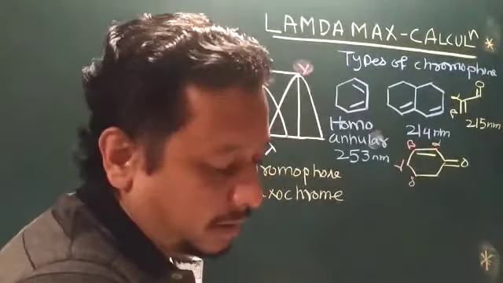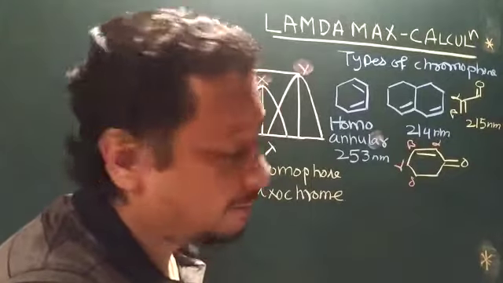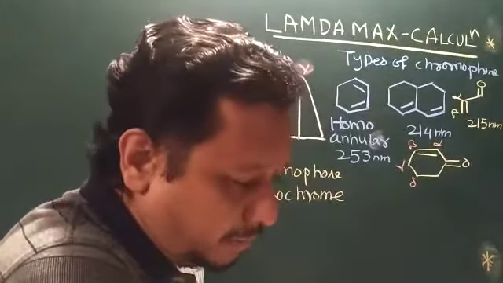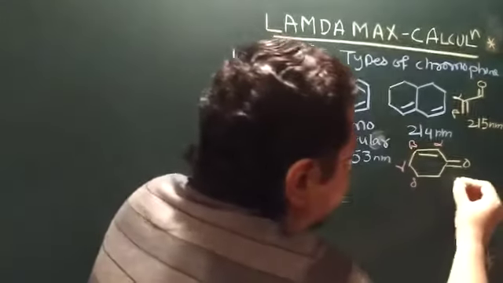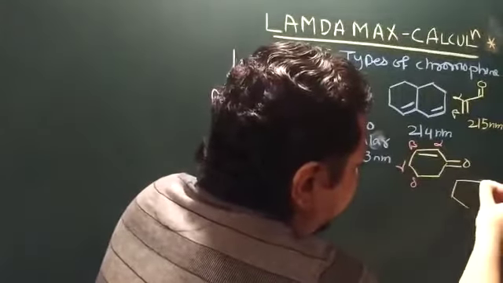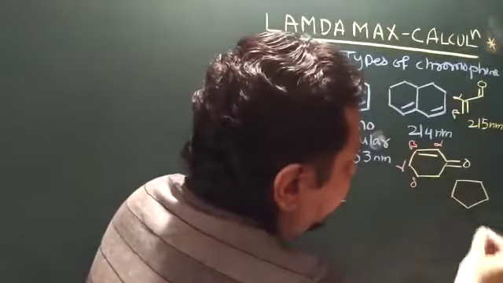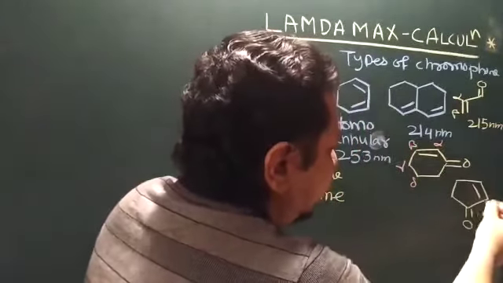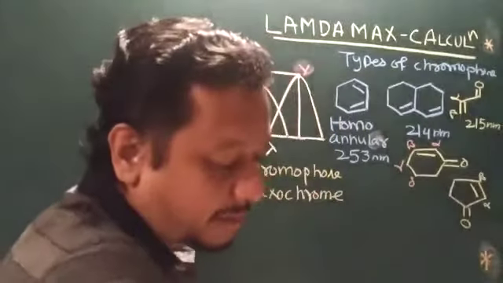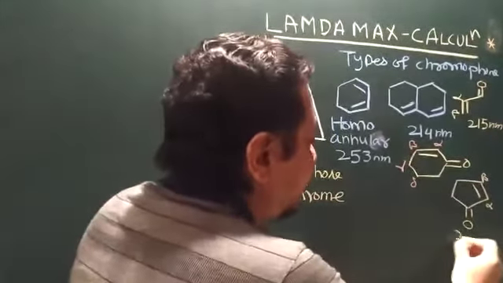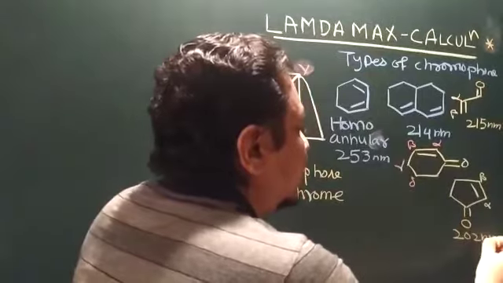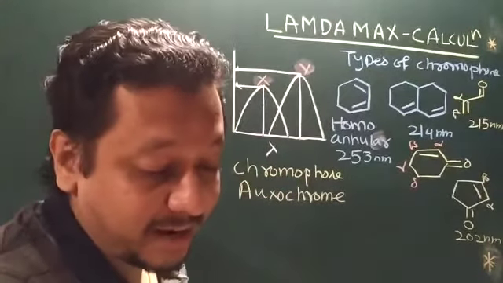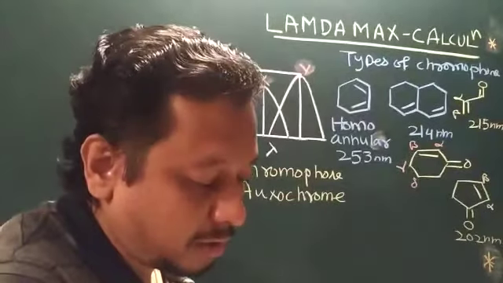In this case also the basic value is the same, 215 nanometer. But in GPAT, once upon a time it asked about the five-member alpha beta unsaturated ketone. That time the basic value is only 202 nanometer. So this is the trick. Whatever things you leave, it may come to GPAT. So that's the thing.